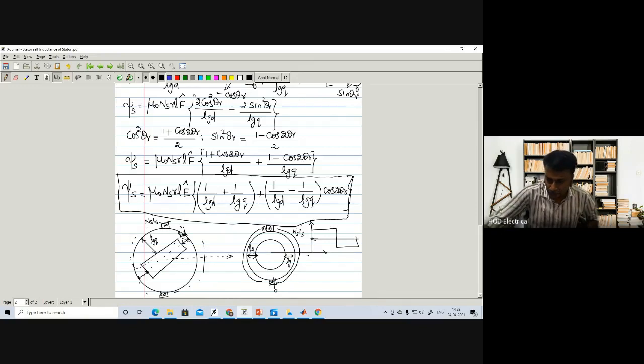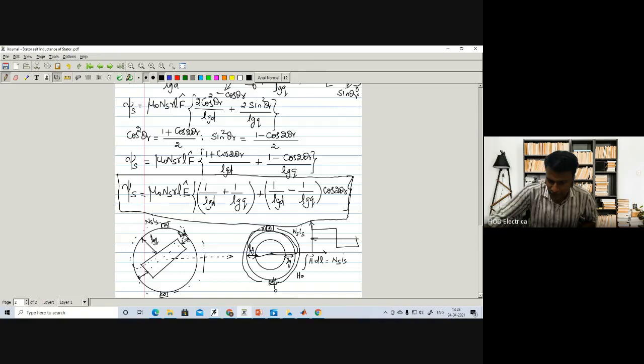Therefore, by Ampere's circuital law, the integral of H vector dot dl vector is equal to the total current enclosed, Ns into Is. The flux passes from here and returns back to this part, so we have to write two air gap lengths.